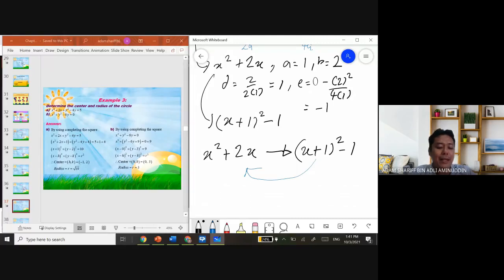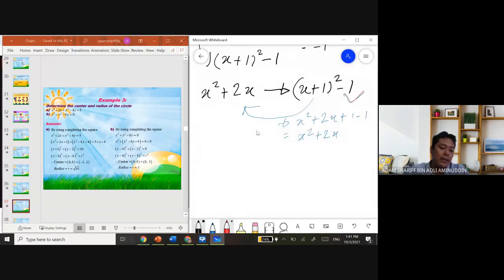Boleh tak dapat yang di kiri tu? So kita expand lah macam biasa, which becomes x squared plus 2x plus 1 minus 1. So guaranteed that it is similar with the previous expanded form just now. So maksudnya betul lah. Saya cuma bagi tahu cara nak check balik.